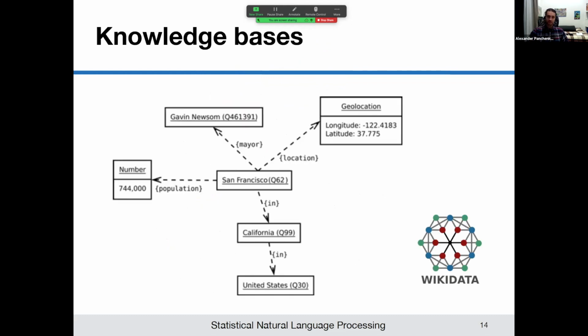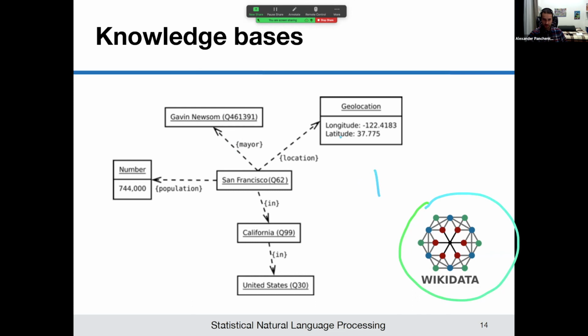One of the ultimate, most comprehensive forms of these symbolic graph representations used to represent knowledge about language is knowledge bases, such as Wikidata and also DBpedia.